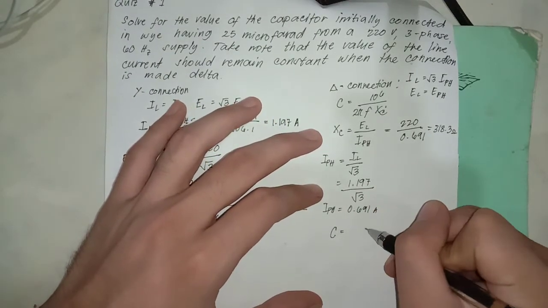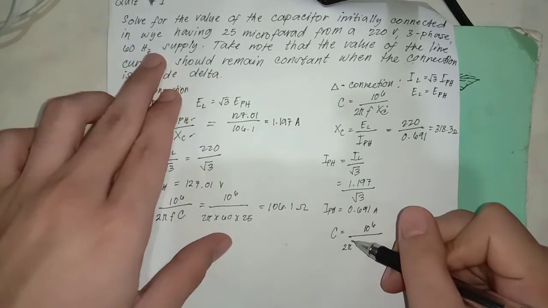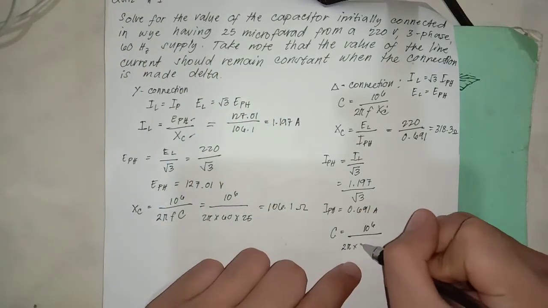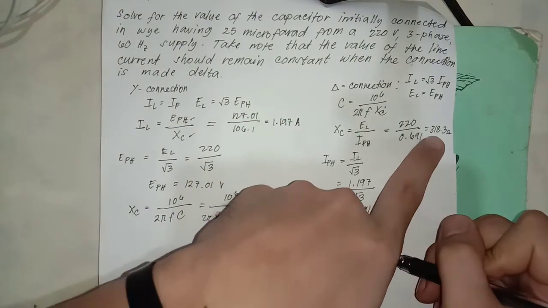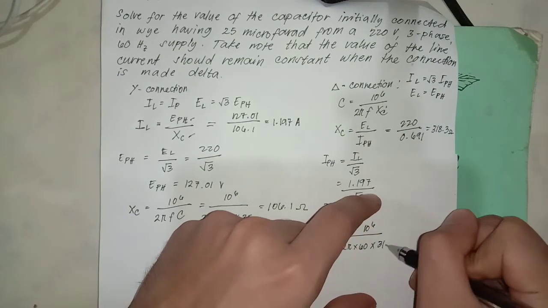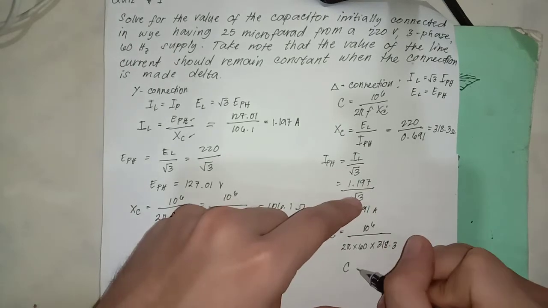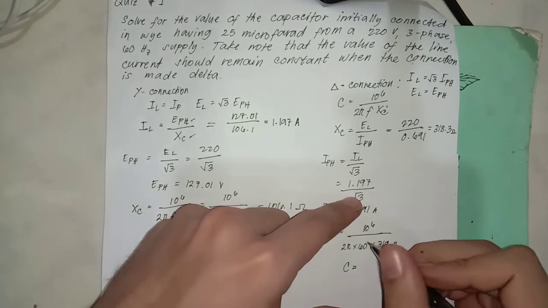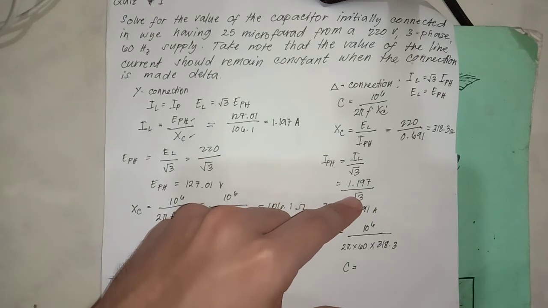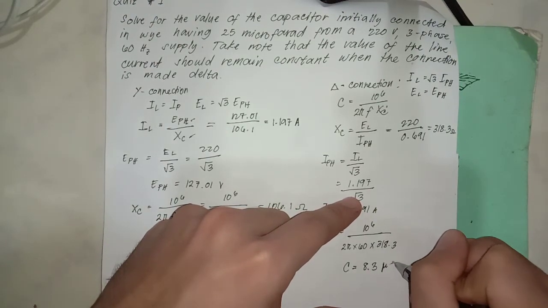So capacitance is 10 raised to 6 over 2 pi, since I have the frequency of 60 hertz, and now the value of the capacitive reactance, 318.3. Our capacitance in delta is equals to 8.3 microfarad.